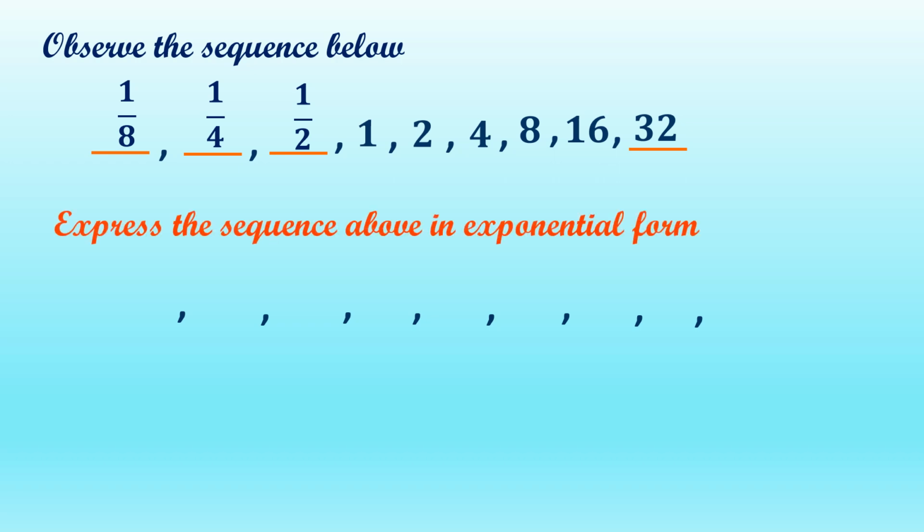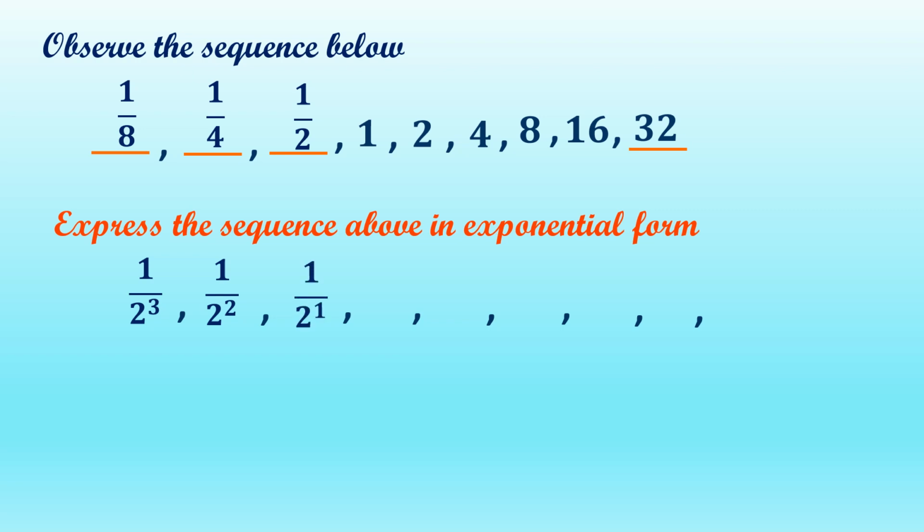Express the sequence above in exponential form. So the numbers we have in the sequence above are powers of 2. In the case of the fractions, we only change the denominator in exponential form. So 1/8 would be 1 over 2 cubed, and 1/4 would be 1 over 2 squared, and 1 over 2 would be 1 over 2 raised to the first power.